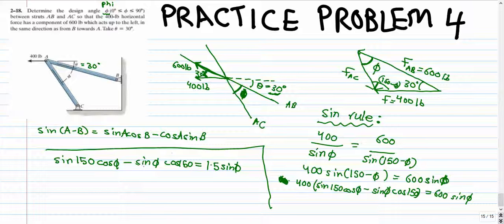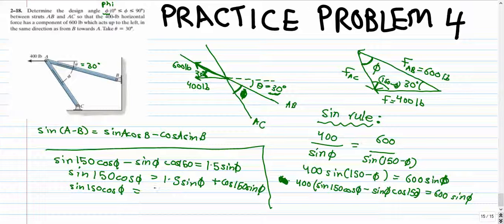Now simply just add cos of 150 sine of phi to both sides, and what we get is sine of 150 cos of phi should be equal to 1.5 sine of phi plus cos of 150 sine of phi. Okay, now take sine of phi common: sine of 150 cos of phi should be equal to sine of phi times 1.5 plus cos of 150.